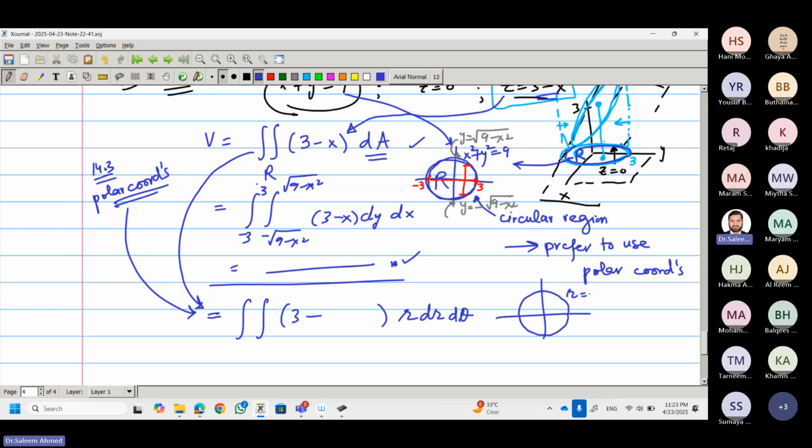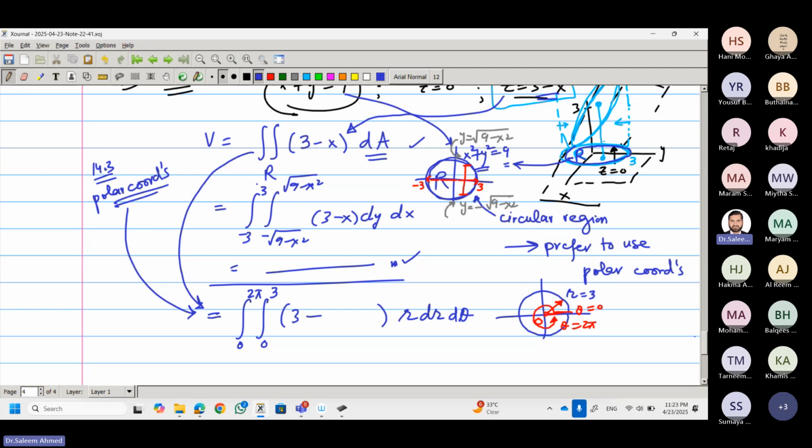X squared plus y squared is r squared, and r squared equals 9 means r equals 3. For the radial vector, I start from the origin and go outwards, so r goes from 0 to 3. Theta starts from 0, and because it's a complete circle, it comes back to its original position, which is 2 pi. It is from 0 to 2 pi.